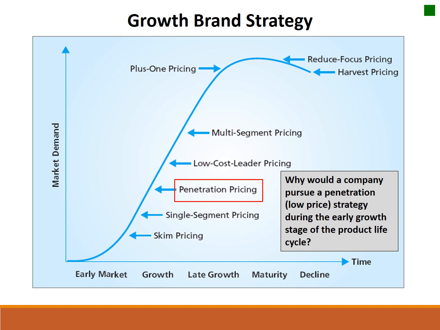So it's a mass marketing strategy where we want to be appealing in price to a wide variety of consumers, as opposed to only the ones that were non-price sensitive, the innovators early on, like our skim price strategy. We're really lowering our price so that we're appealing to a huge market or audience.